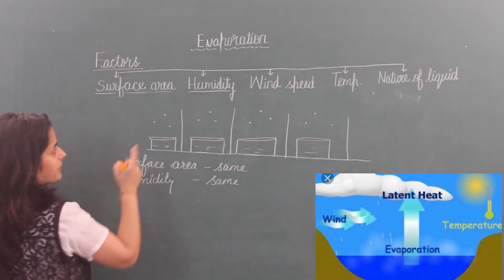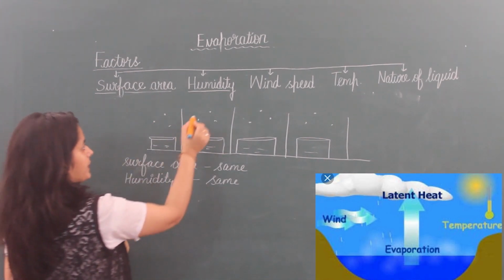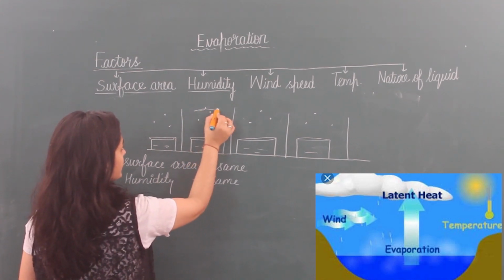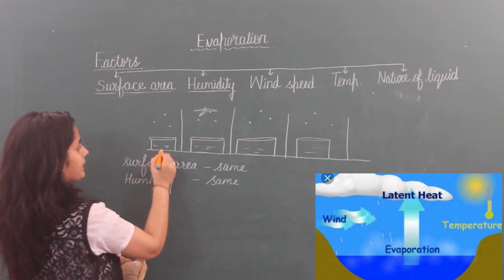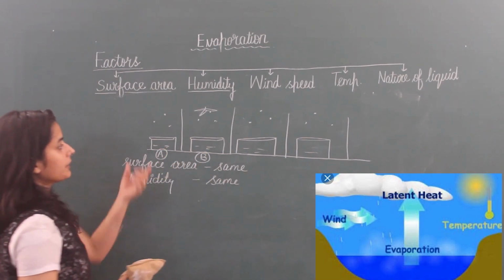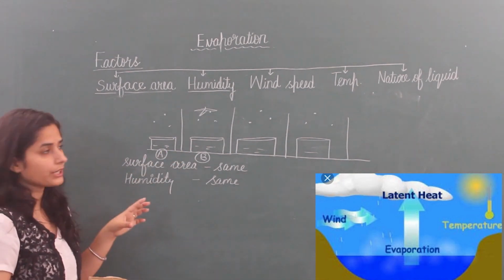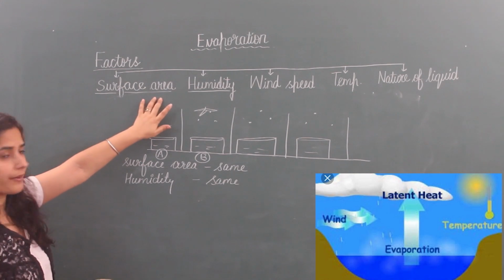Now wind speed. In case of container A, wind is low. In case of container B, we are using a fan. Then which container will have more evaporation? Yes, here we will check these factors.